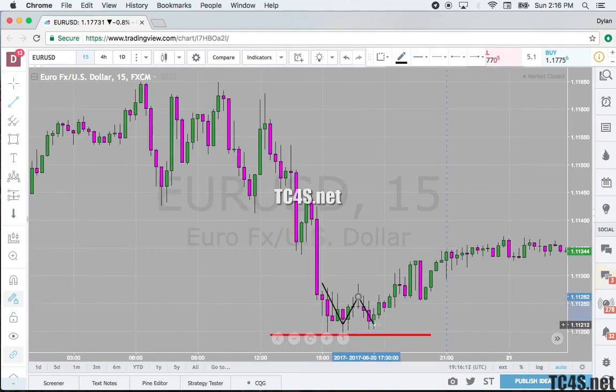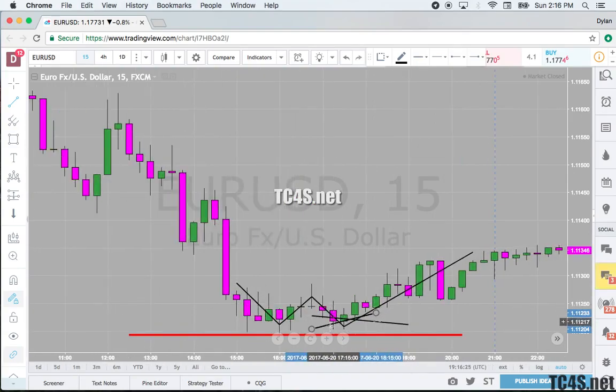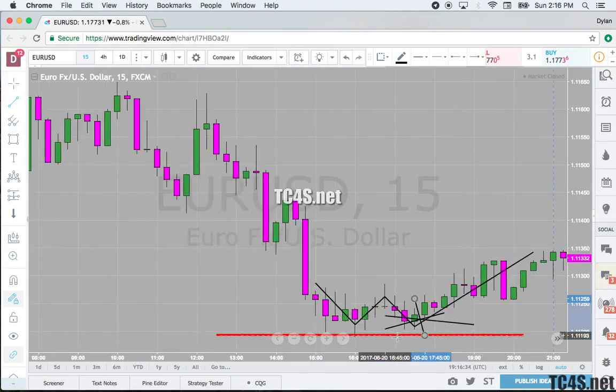That W formation, you catch the second leg off of this low right here, using the railroad track as a confirmation, this railroad track right here. You buy right here. You buy after this second leg, or you catch the lowest point here.